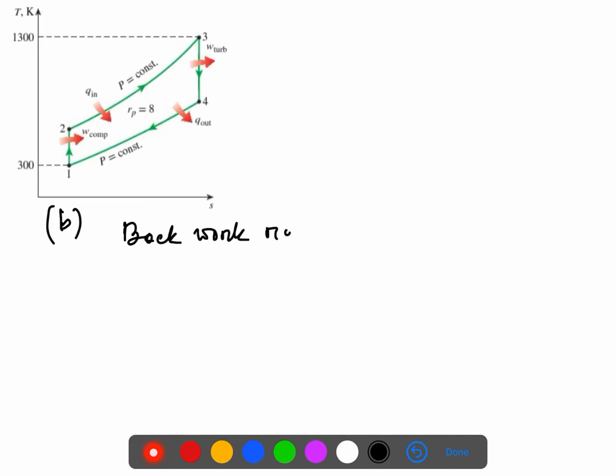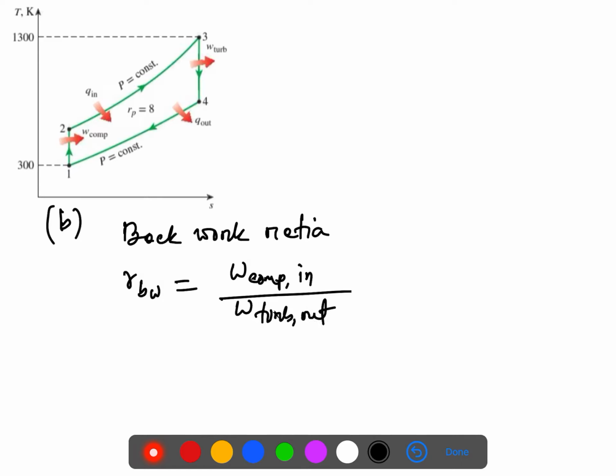The formula, we can say the r_bw. Backwork, r means the ratio. It is the compressor work and the turbine work ratio.